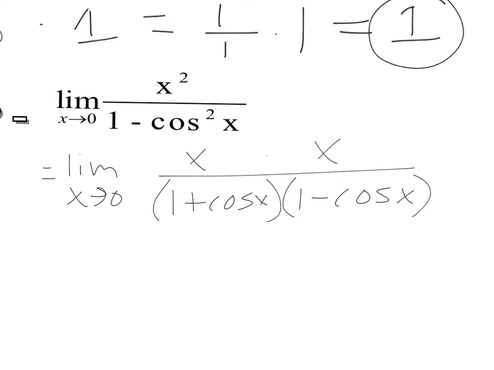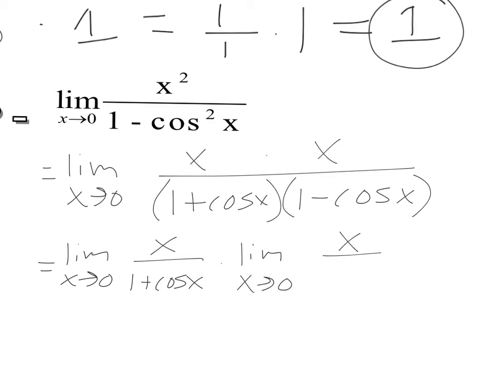Okay, well, here we have a similar situation where we could break this into two parts. I could write this as the limit as x approaches 0 of x over 1 plus cosine x times the limit as x approaches 0 of x over 1 minus cosine x.